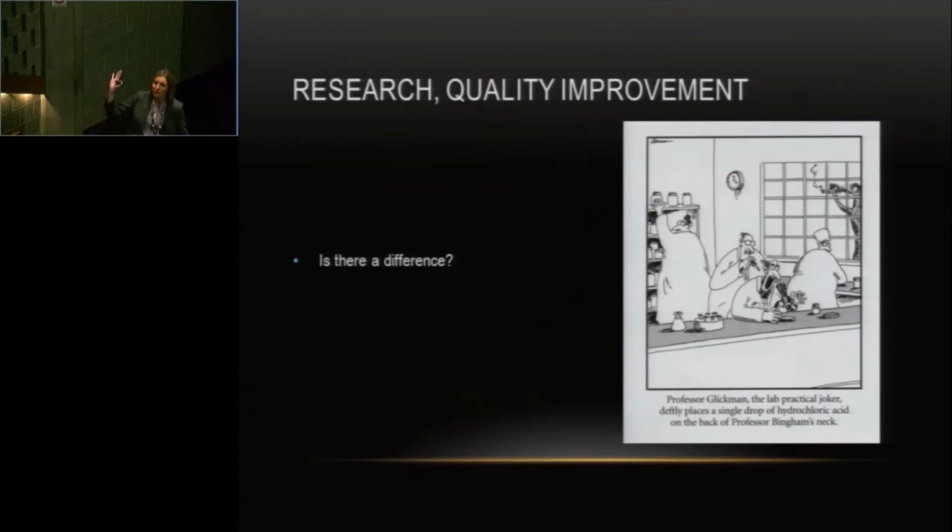Who's participating in research? Clinical research, basic science research. Okay. What's the goal? Find something new. Fantastic. New knowledge, new procedure, a new skill. It's to create something new, okay? The goal of quality improvement is to apply what we know, okay, in a consistent way.